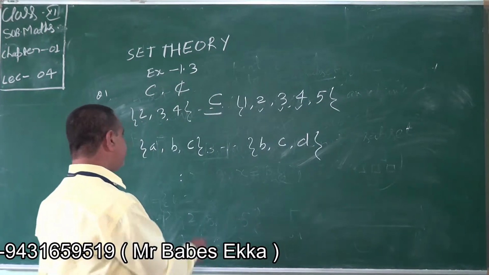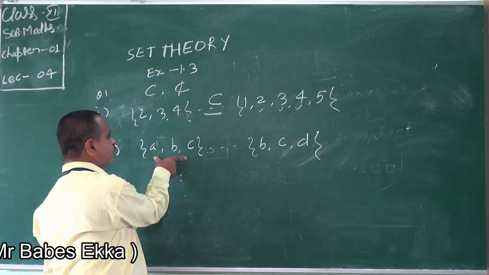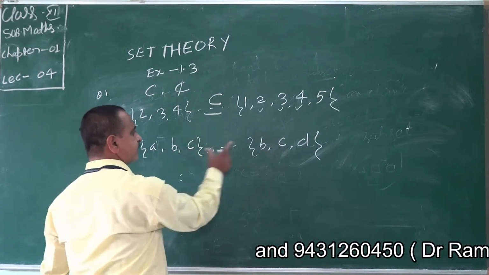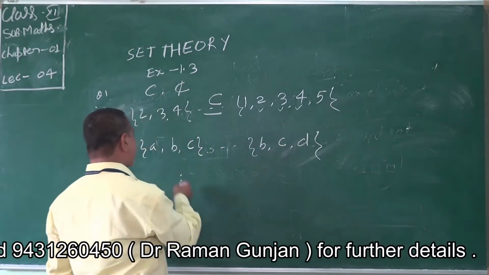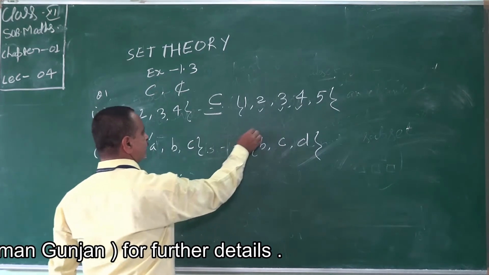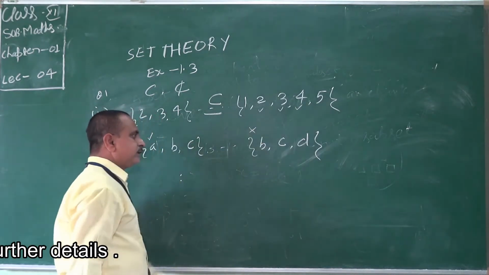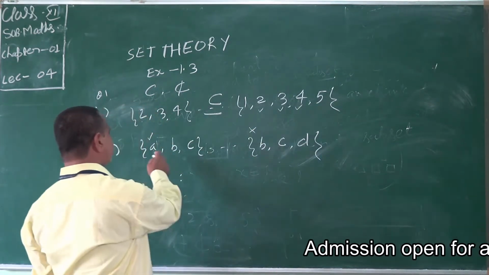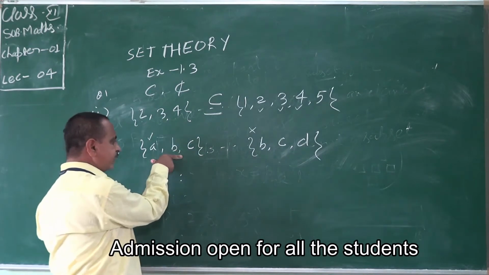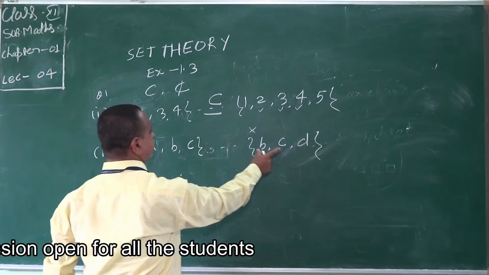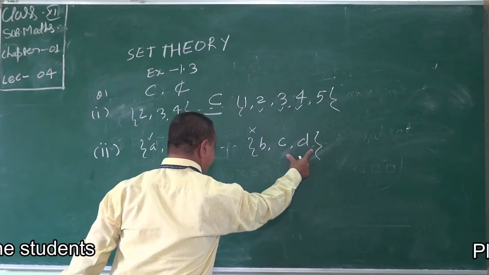For this, we check whether all elements of set A are present in set B. We find our A is not present in this set. So we say this given pair of sets is not a subset of that set.